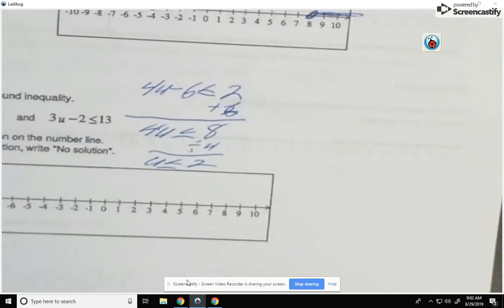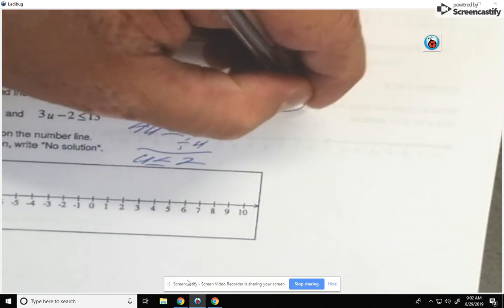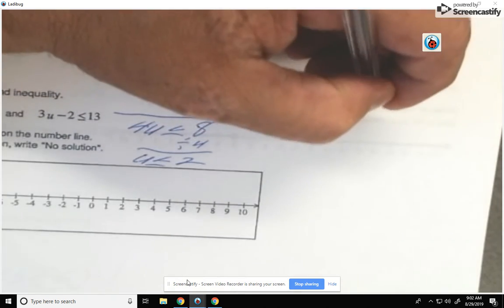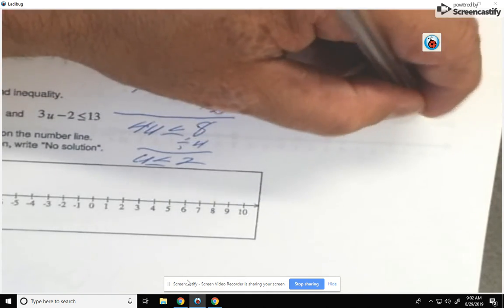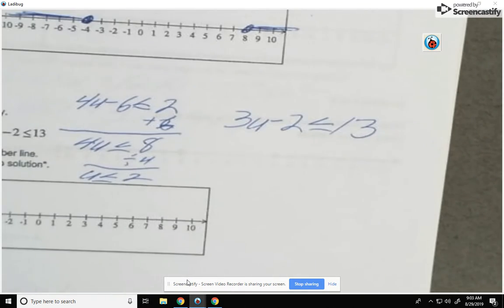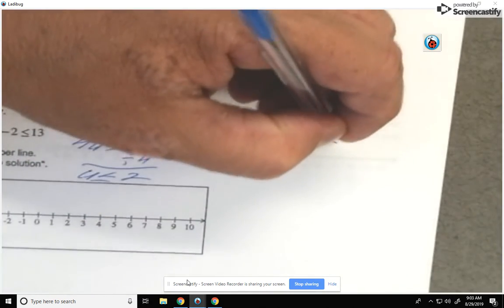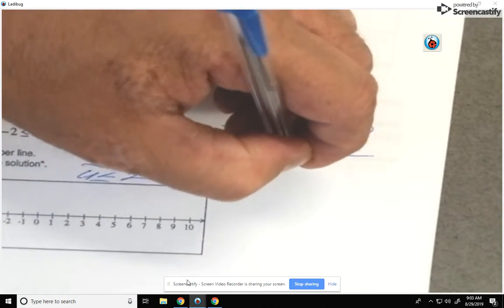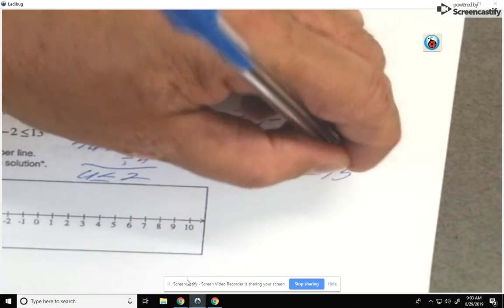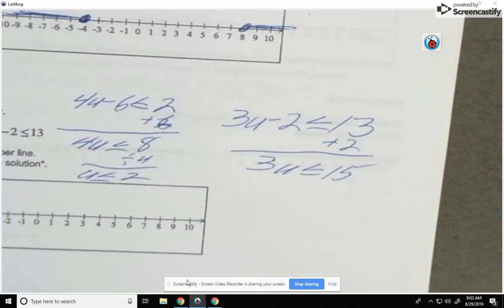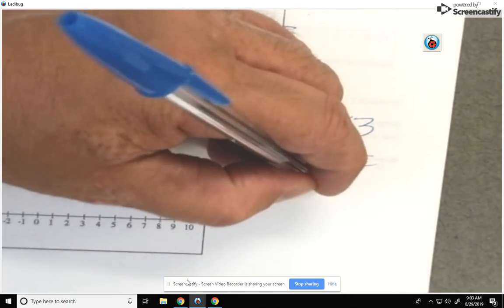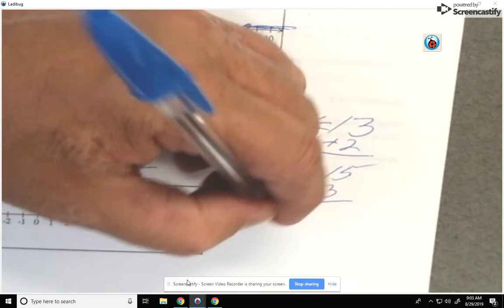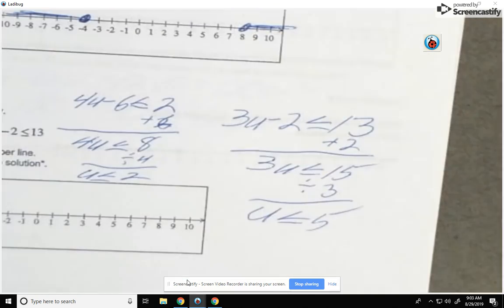Okay, our second equation, 3u minus 2 is less than or equal to 13, we add 2 to get 3u is less than or equal to 15. From here, we divide through by 3 to get u is less than or equal to 5.